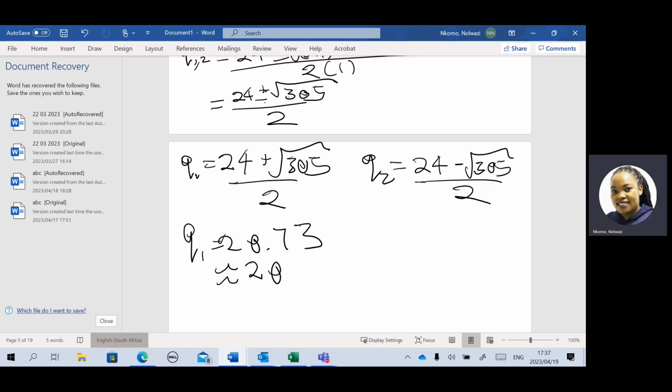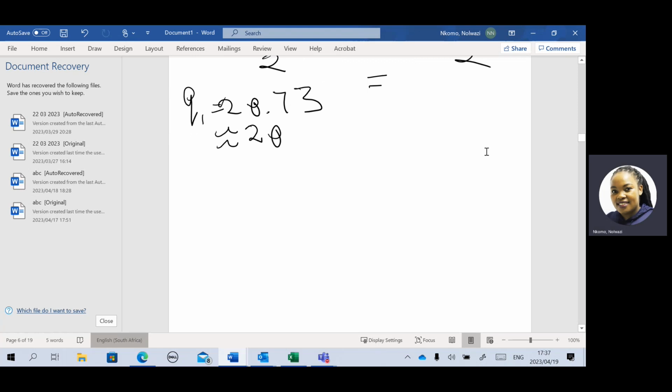And okay, this is approximately 20. And if you punch this in your calculator, you should find 3.27, and this is approximately 3.